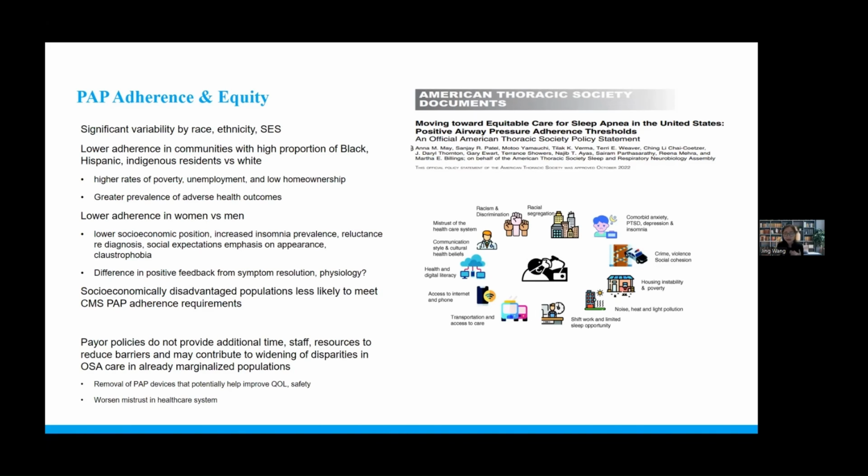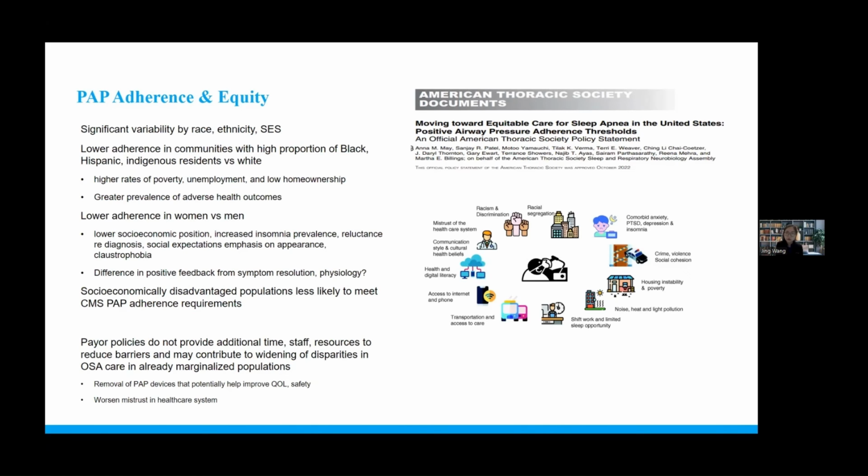And because of that, it really generates this negative effect, right? Patients who may be socioeconomically disadvantaged are less likely to meet CMS or other insurance PAP adherence requirements. Because of that, they lose therapy, which may be helping them symptomatically, but that also creates greater mistrust in the healthcare system.